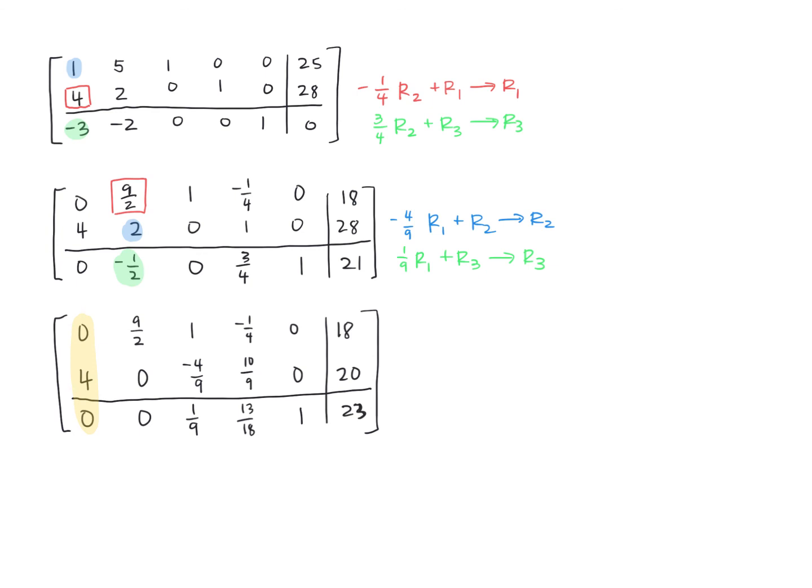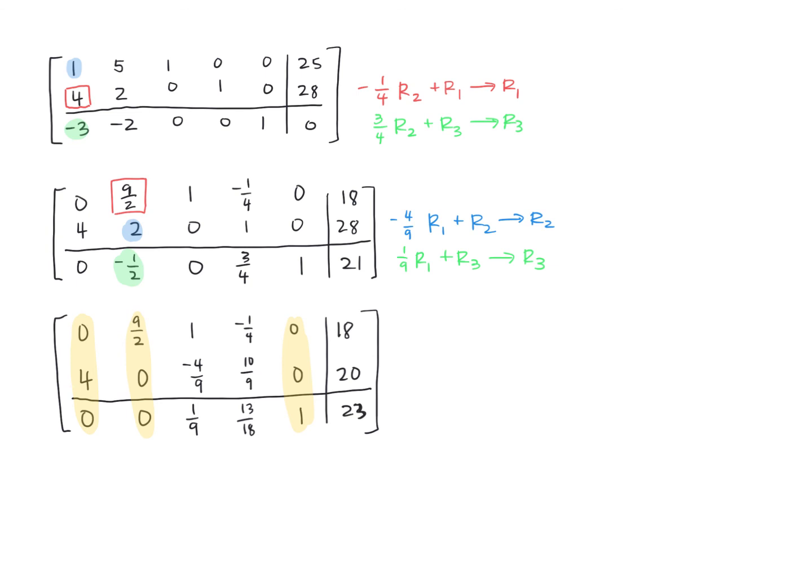That's a 4. In the second column, we have one non-zero entry, and that's the 9/2. In the third column, we have multiple numbers there. Fourth column, multiple numbers. In the fifth column, you'll see that we have one non-zero entry, but it's actually in the bottom row.